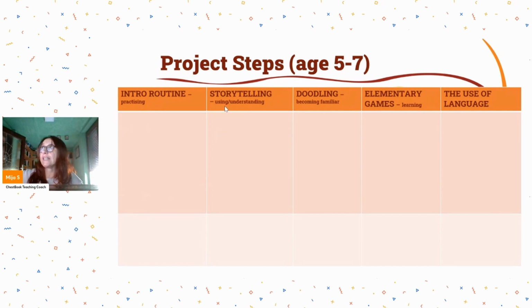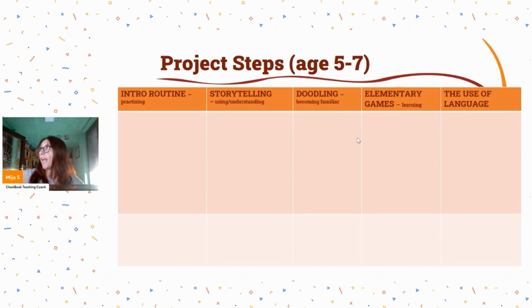In the storytelling, children are using whatever they have practiced in the introductory routine, and that helps them to understand what the story is about. Then we have the doodling part where children become familiar with the content. We delve deeper into our story, into our topic, if you will.